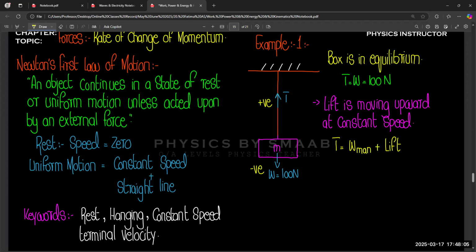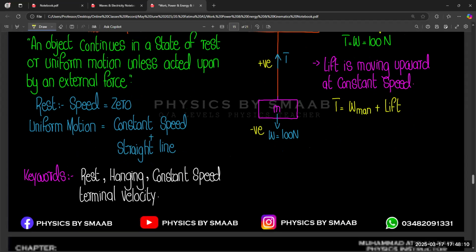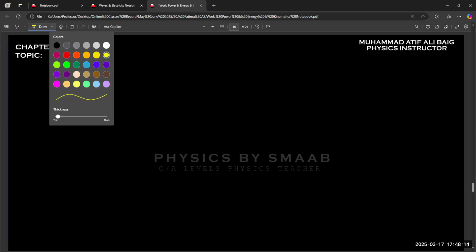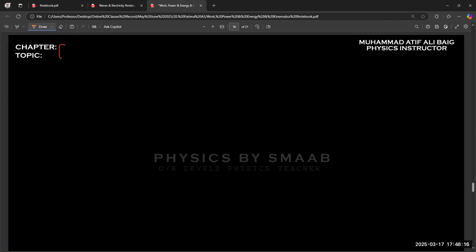In the same way, if we have a slightly typical example from this, for example, case number two. In example number two, we have an object and on that object forces are acting in different directions.